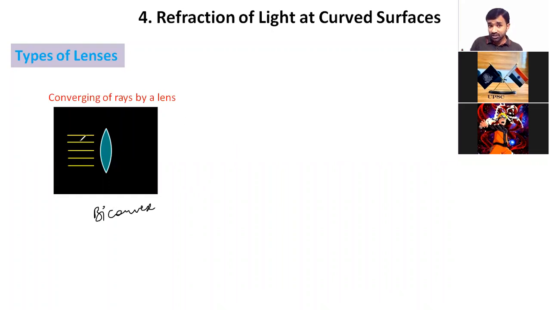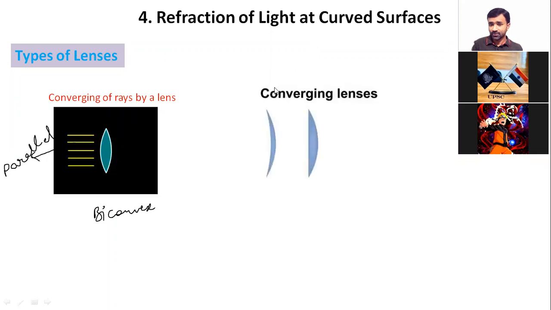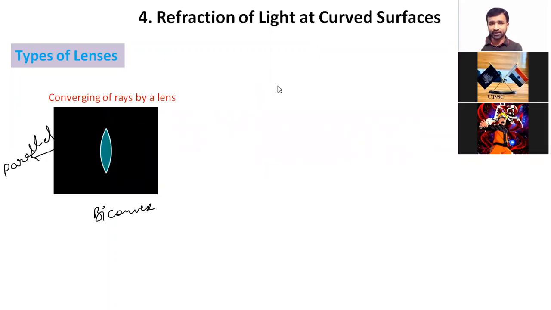These are parallel rays, right, incident on the convex lens. After refraction, what happened here? The light rays are going to meet at a common point. Look here. Yes or no? You are getting one common point after refraction.